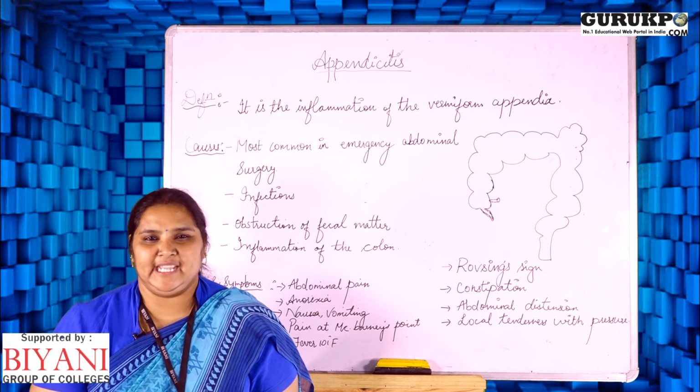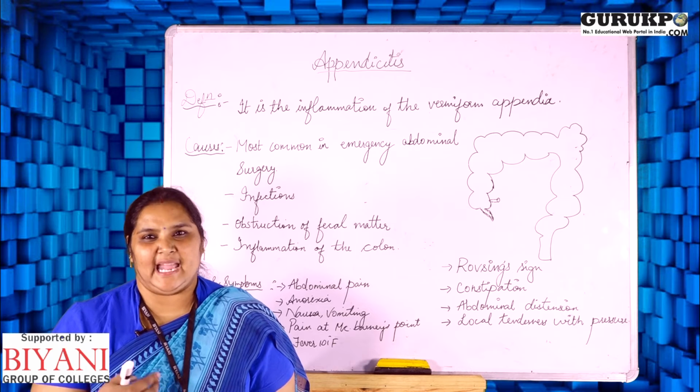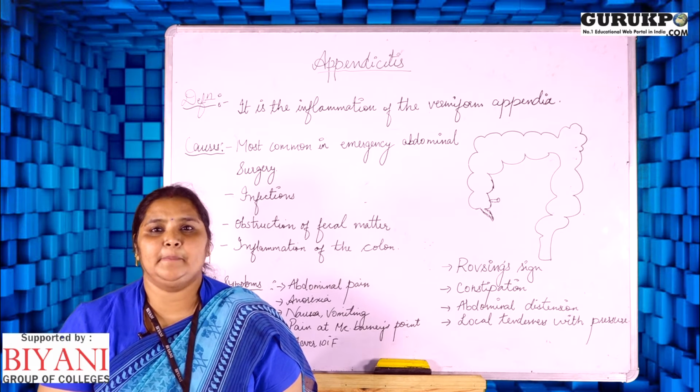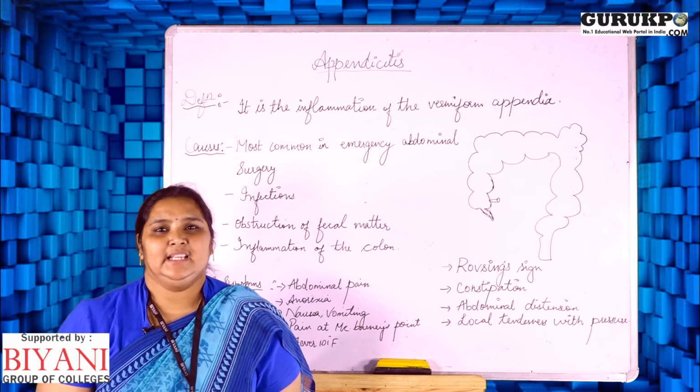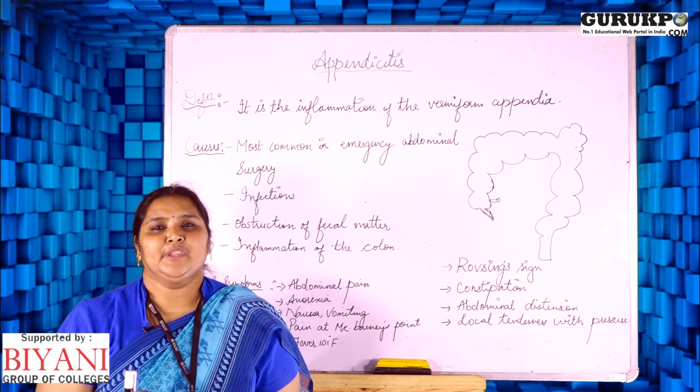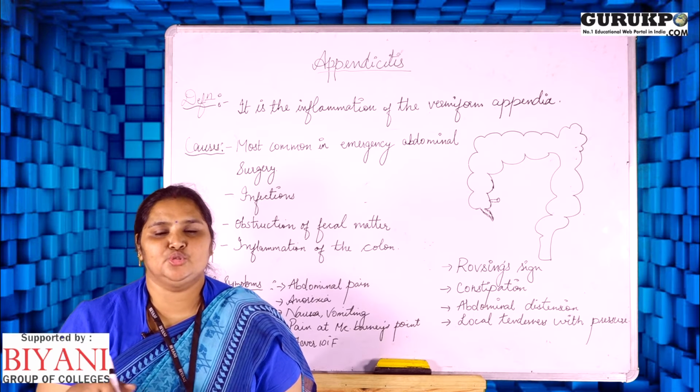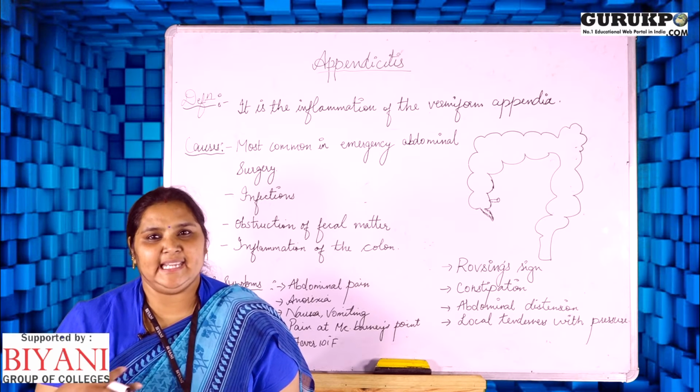Next is pain at McBurney's point. It is one of the signs through which we can identify the patient as having appendicitis. McBurney's point is the point midway from the umbilicus to the right iliac spine.